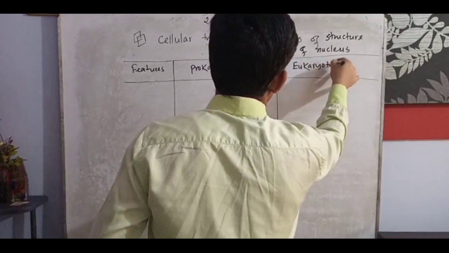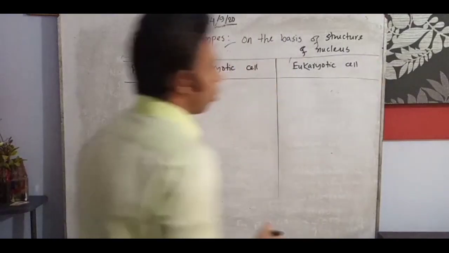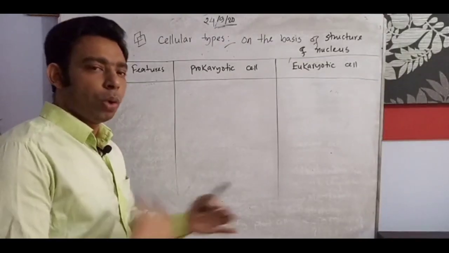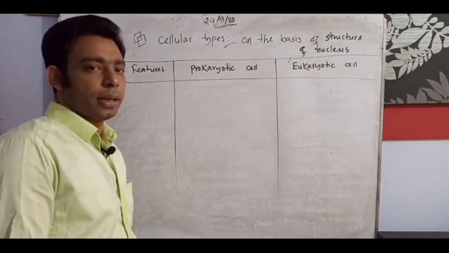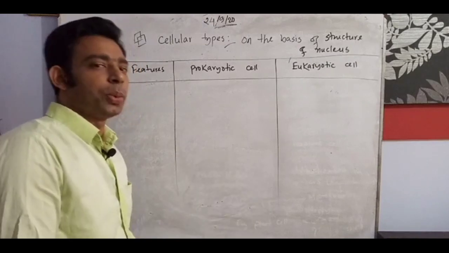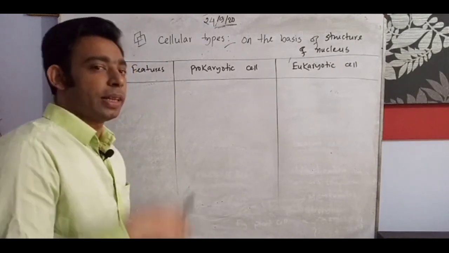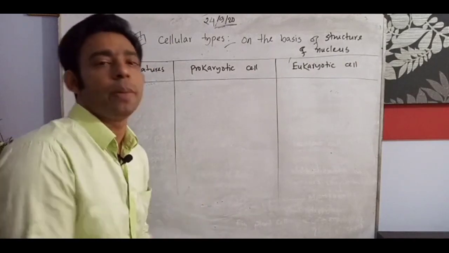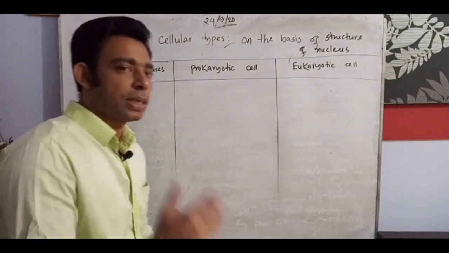You also know the difference, because these are common. I told you the very first sequence is known to you from your class 9 and 10, but when we go into the depth of the study, you feel that biology is not as easy as we think. But we will make our topics easy to understand.